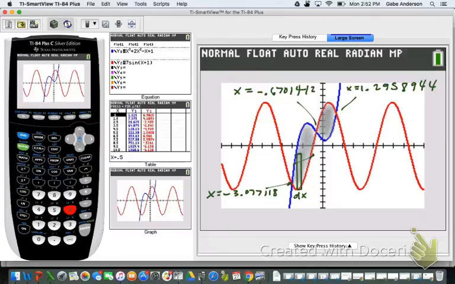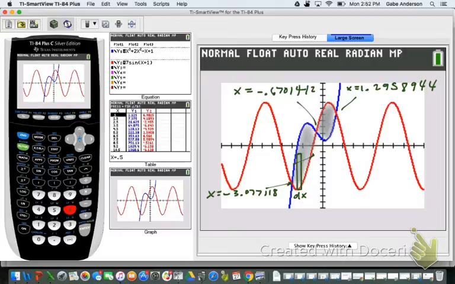Again, I want to ask you guys the question I think needs to be asked. As we go through and find all these intersection points, you guys are clearly good at that. You know how to use your calculators. It's awesome. Why are we totally ignoring the y values on those intersection points and only using the x's? There's a better reason. The width of the rectangles would be dx.